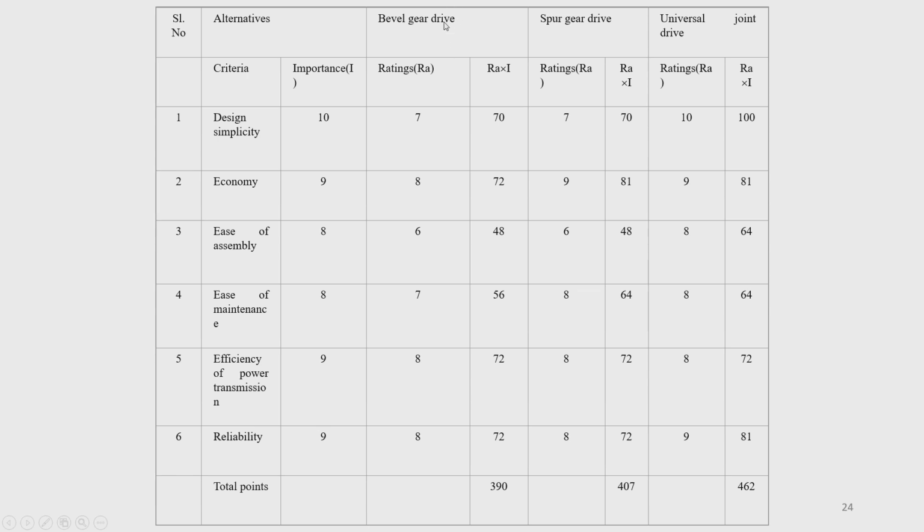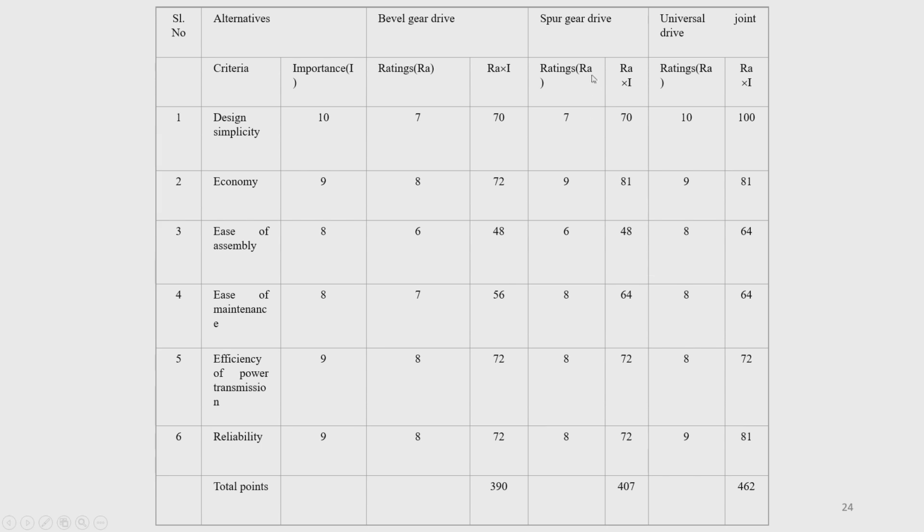And bevel gear drive has criteria-wise ratings. Bevel gear drive is not a very simple design, so you give it 7, economy wise it is okay, 8, ease of assembly is not so easy, 6, like that experts have given. So, this is rating R into I, which you calculate, that is the weighted rating.